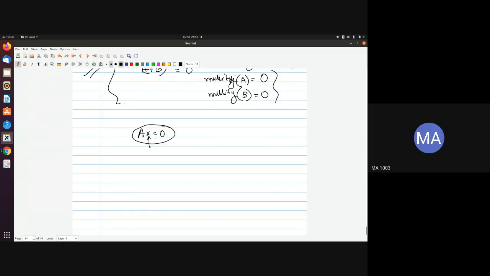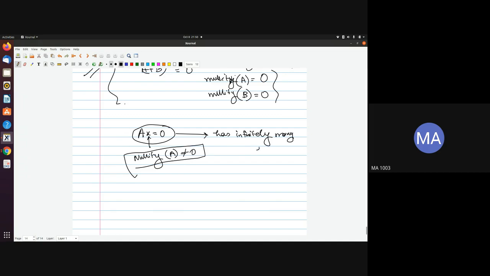So basically, when the nullity of A is non-zero, that means this system of linear equations has infinitely many solutions, right?